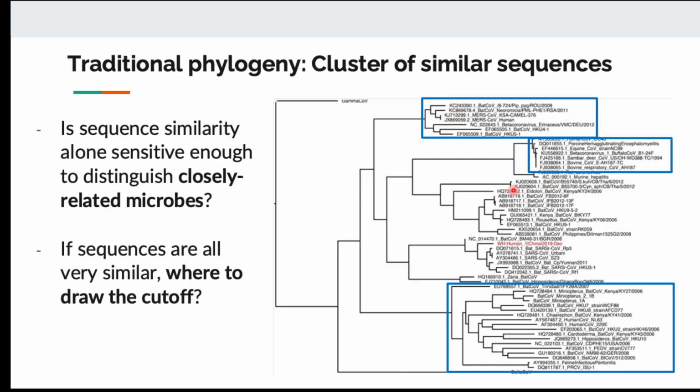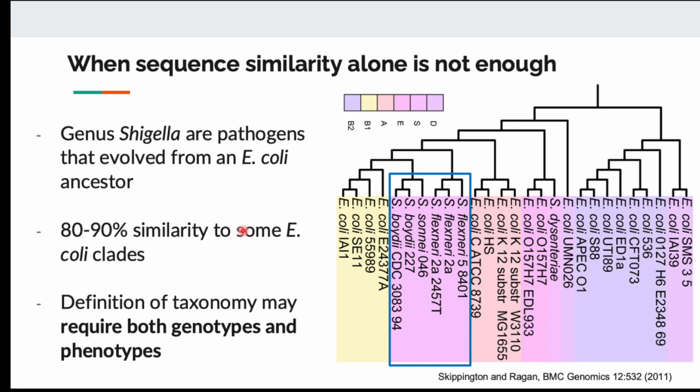They are all so similar to each other. So how do we draw the cutoff? How do we group them into units, into related organisms, so that we can analyze maybe their function, or maybe we can identify biomarkers.